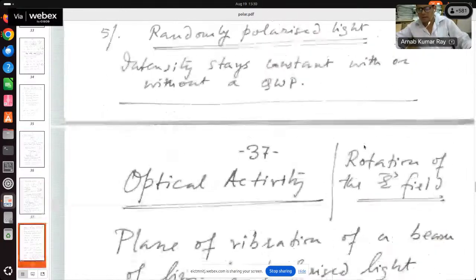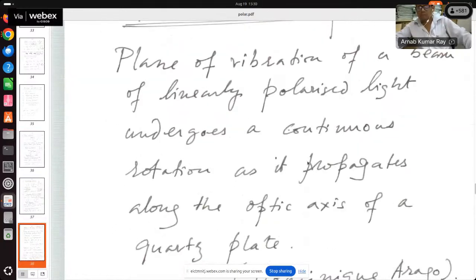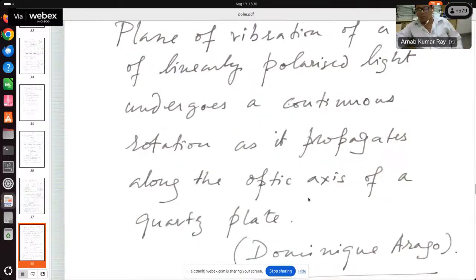So let's now look at this. It undergoes a continuous rotation as it propagates, continuously rotating along the optic axis of a quartz plate. This was discovered by Dominique Arago. In quartz, it is seen. Quartz is a very strange kind of material. As I showed you, it's a birefringent material.